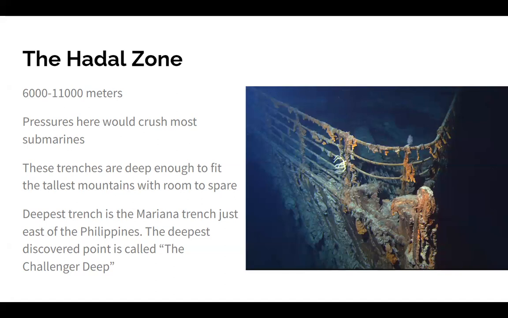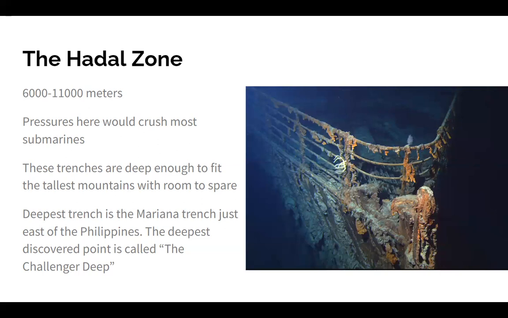Okay, in the Mariana Trench, I'm going to pull up a map for you here so that we can look at it. You might recognize this image here. This is, of course, the Titanic. Or at least what's left of it, right?